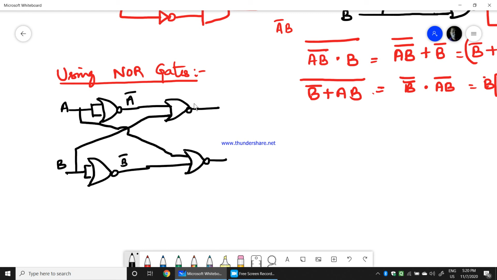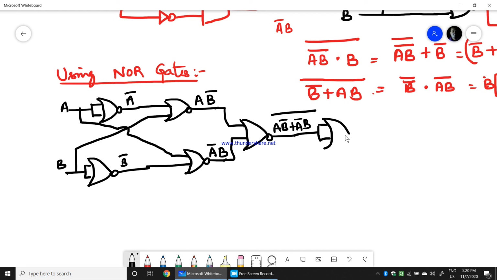Therefore, this gives me A B bar, and this gives me A bar B. These both are given to one more NOR gate. This gives me AB bar plus A bar B, the whole bar. Now if I take this to a 2 input NOR gate again, I will be getting A XOR B.